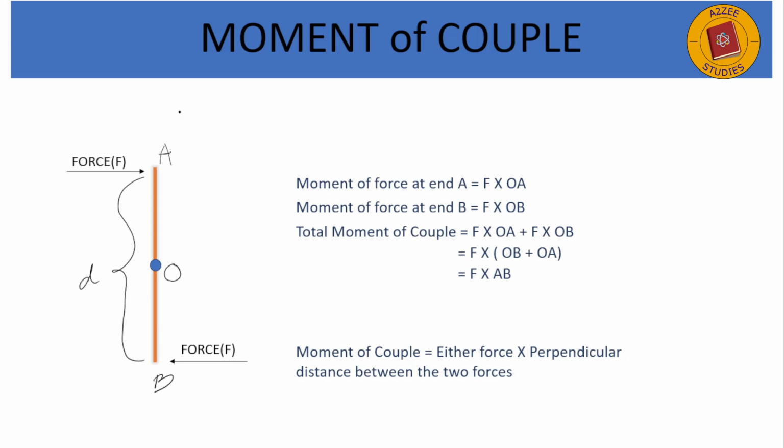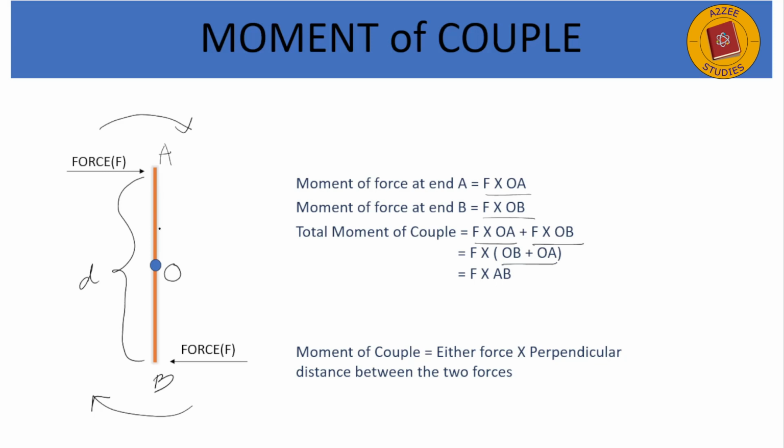Since both are anti-clockwise, both are in the same direction, so we will be adding up the total moment. Total moment is F into OA plus F into OB. We take force as common and we get F into OB plus OA.